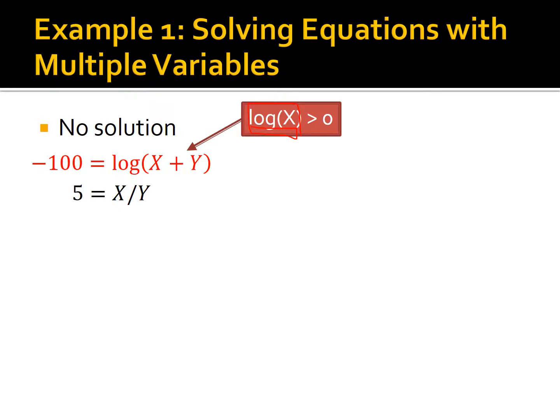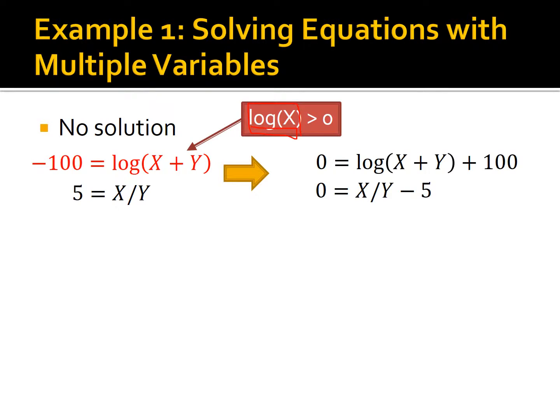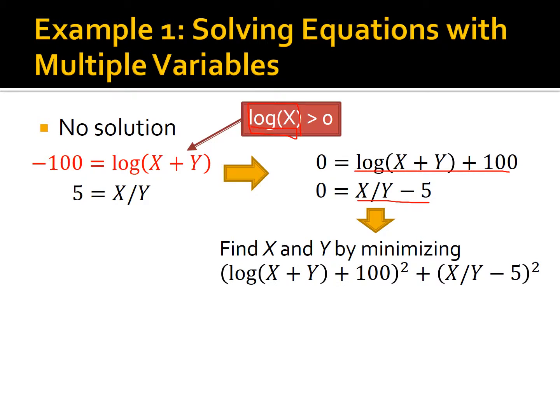But if we would like to make R run it anyway, we can isolate 0 on the left hand side and move everything to the right hand side like this and like this. And then we provide the minimizing function such that log of x plus y plus 100 squared plus x over y minus 5 squared.